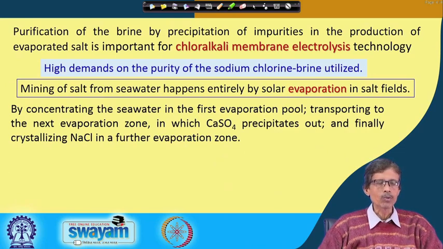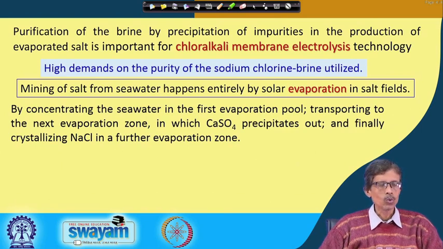So, in that particular zone we should be able to take care of the calcium sulphate from the brine or the seawater. The brine will also supply some amount of calcium sulphate cake to you, and finally, we push the concentrated solution of sodium chloride to the next zone and allow it further evaporation.